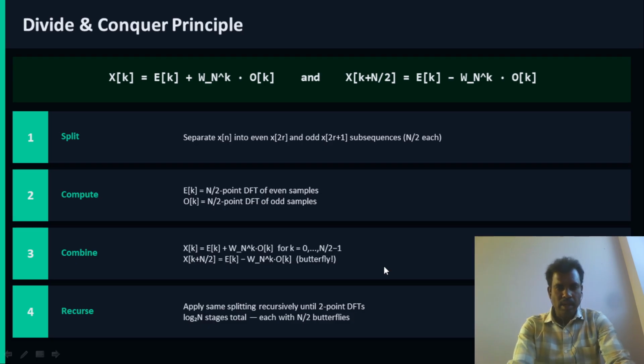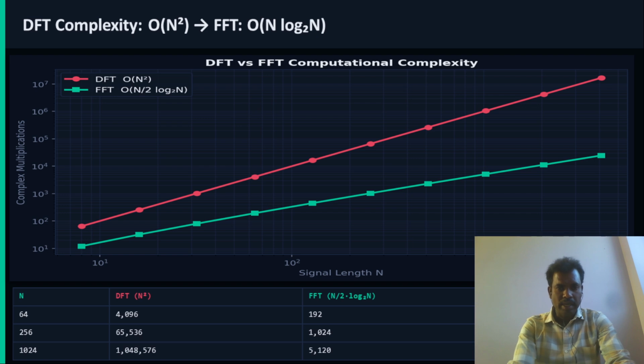The formula has n varying from 0 to N minus 1, that means N samples, each x of n multiplied by the corresponding twiddle factor. So N multiplications are performed for finding one output sample.